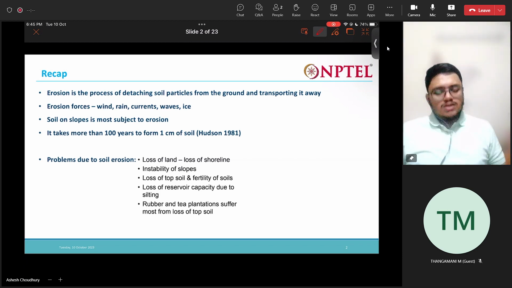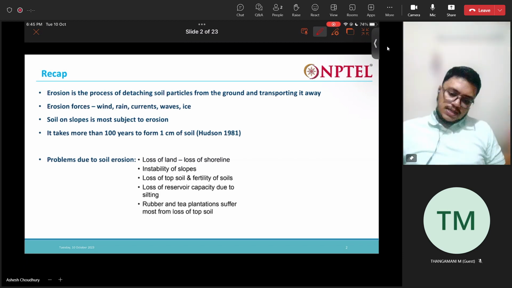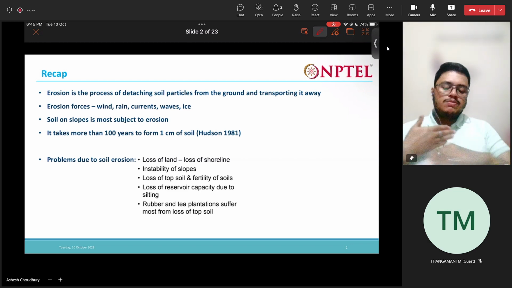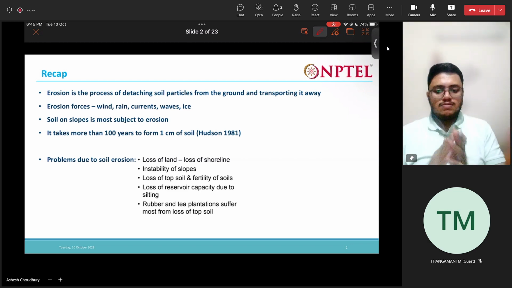It erodes them and carries them. And when it comes to the plains, the velocity of the river reduces, and what happens? All the silt settles down, and this reduces the capacity of the reservoirs. Say you've constructed a dam, it's going to reduce its holding capacity. So this is also a big problem.